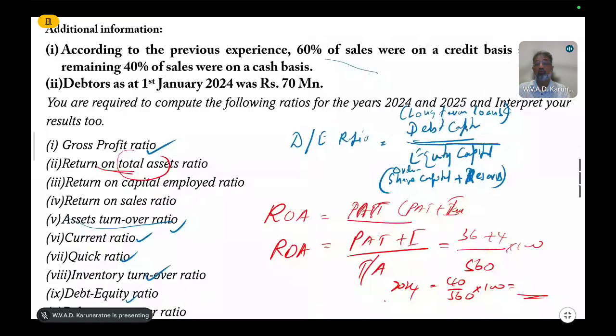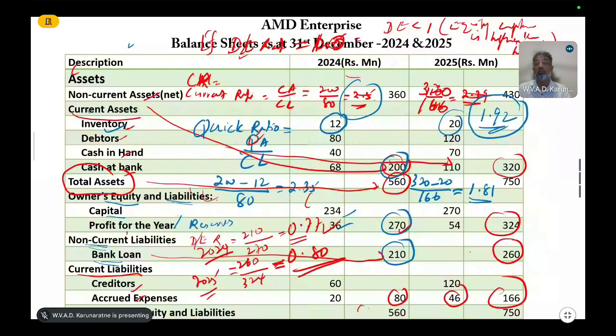For 2025 also you can do the same thing. So if you go back to the calculation, here 750 for year 2025.